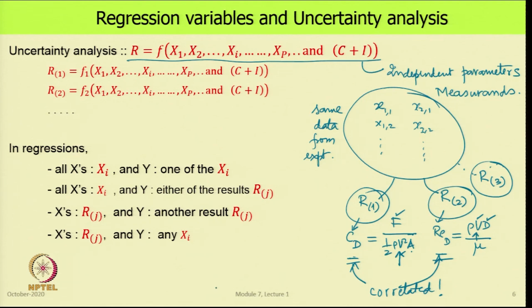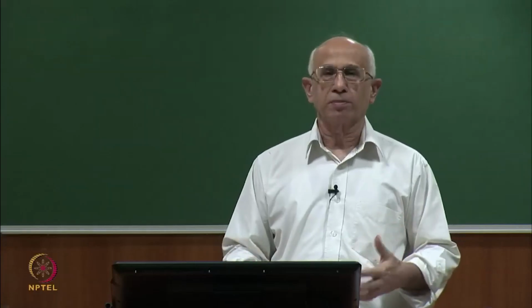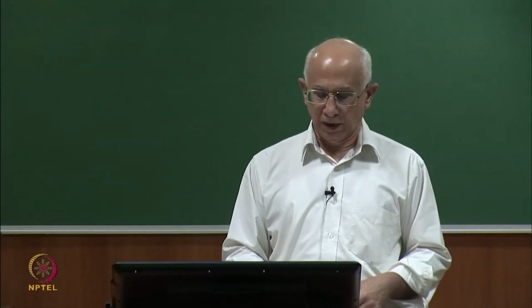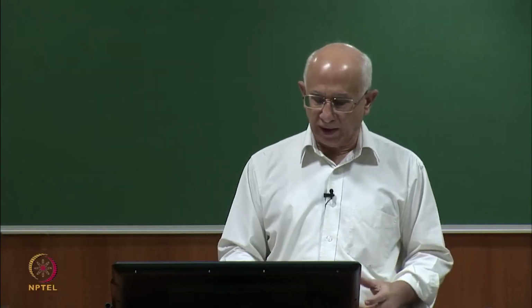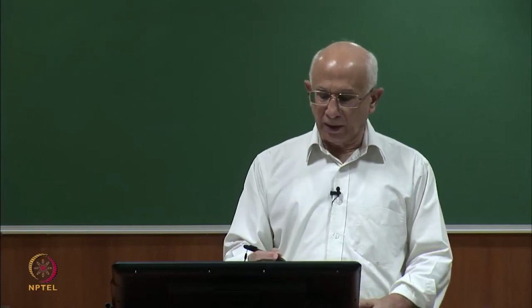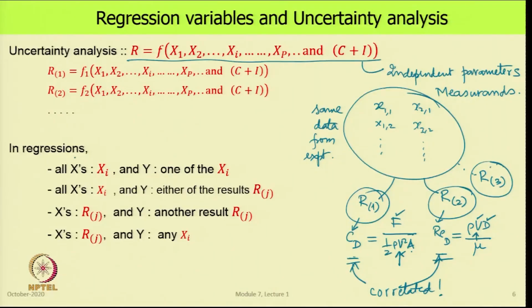So, now we come back and say, well, what am I going to plot, make a regression of something against something? And so, I need to define what is the independent variable, and what is the dependent variable.